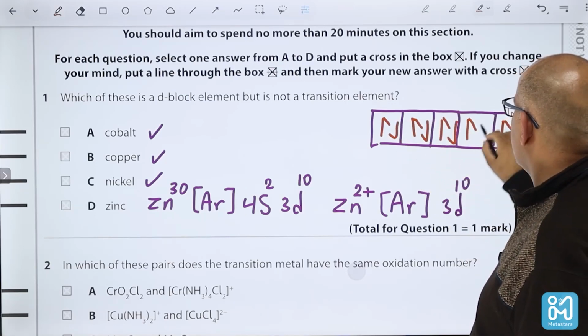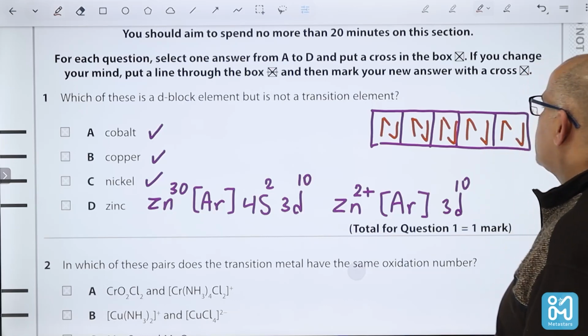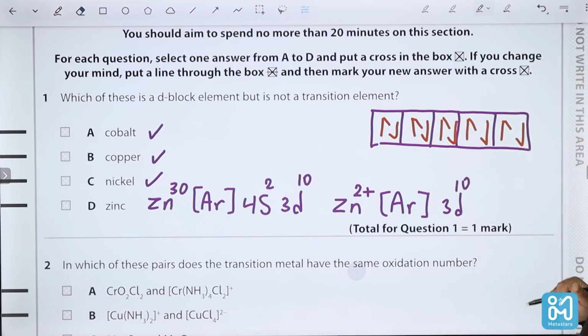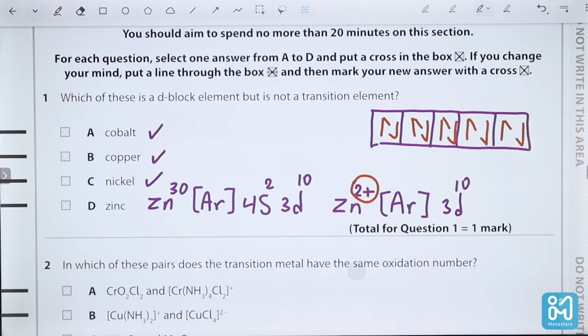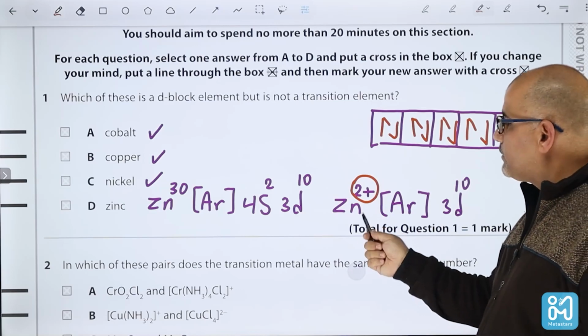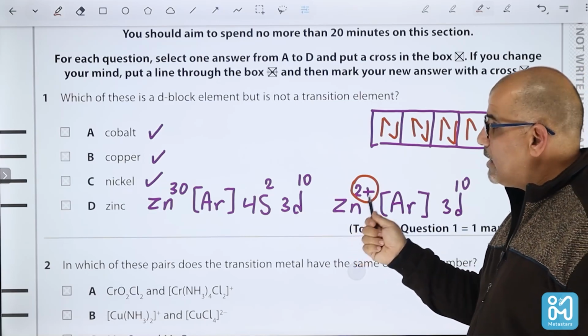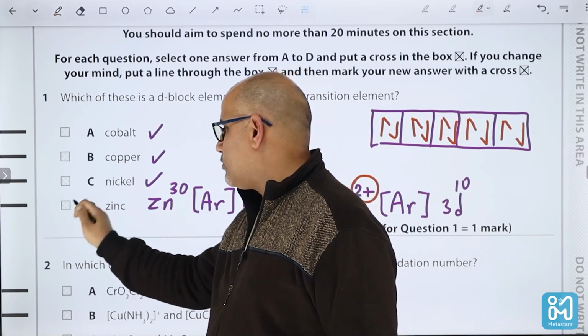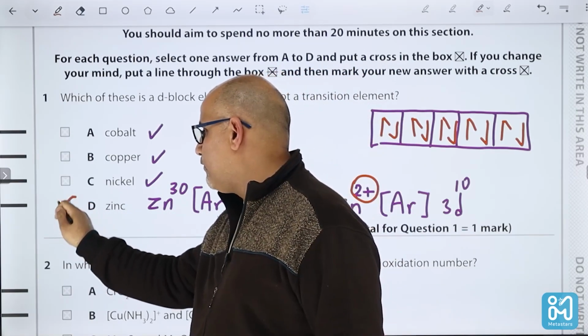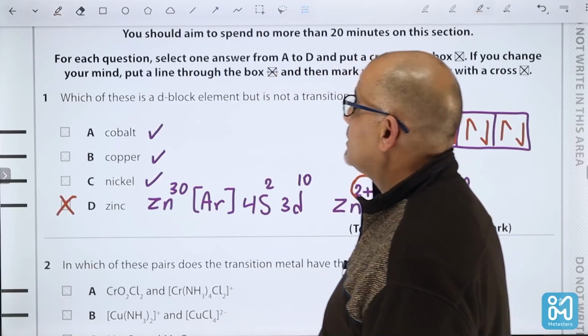So we have 10 electrons in 3d orbitals for zinc positive 2. So the element that forms the positive 2 ion with full d orbitals is zinc.